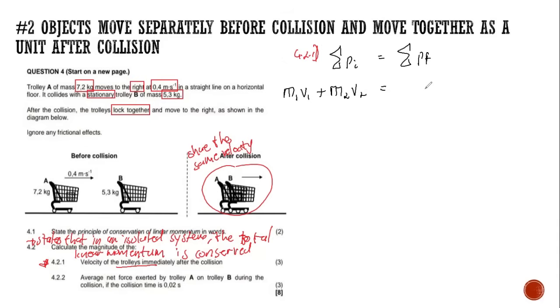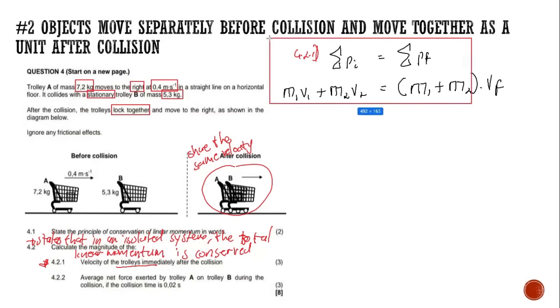Finally, they now move together as a unit. So the formula is now going to be different. I'm going to have (m1 plus m2) sharing the same final velocity. So I have to combine the masses of these two and make them have only one velocity. It's very important to note that if we have this case, this is how you are supposed to have your formula.